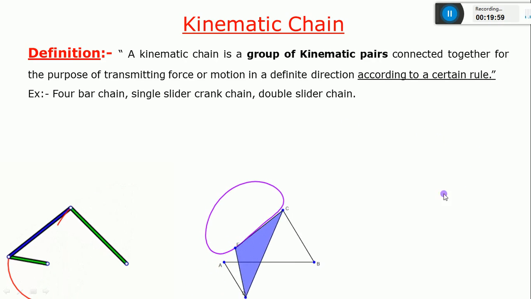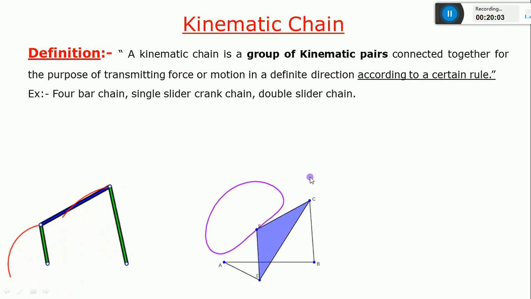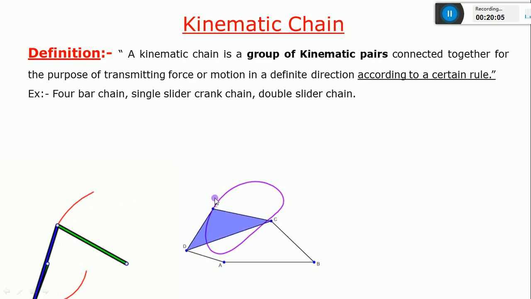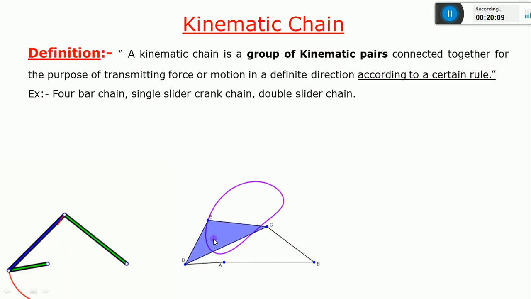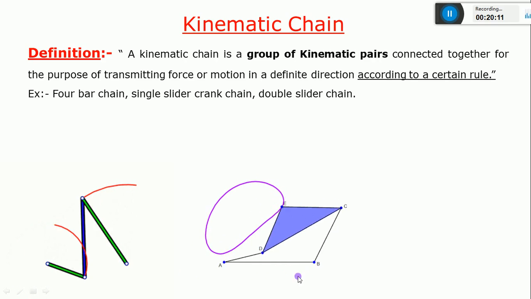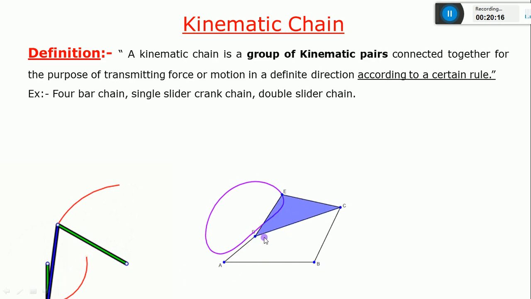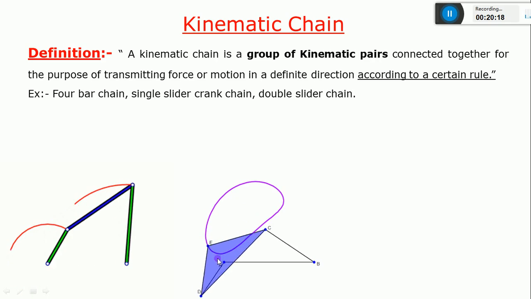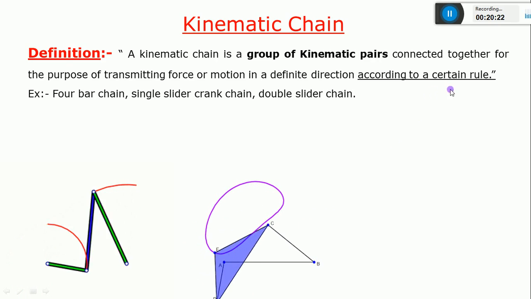You can consider this also, the second one. You can see this, consider point E. It is also following a certain path. It may be an ellipse approximately. So it is a combination of so many kinematic pairs such that each point on each link follows a certain path, you can call it a rule.